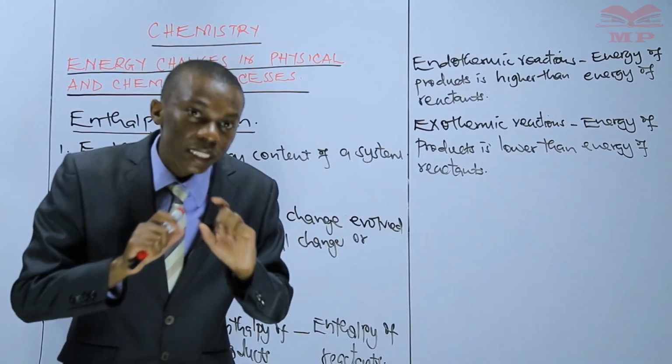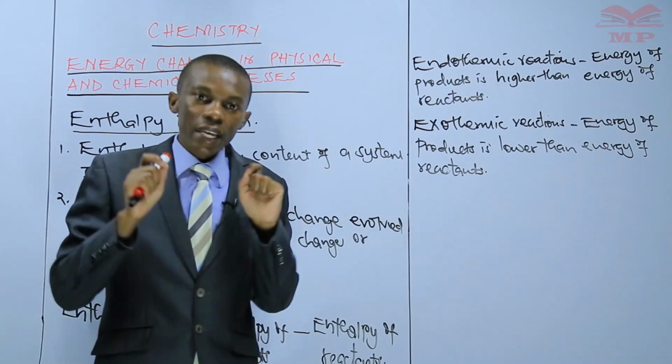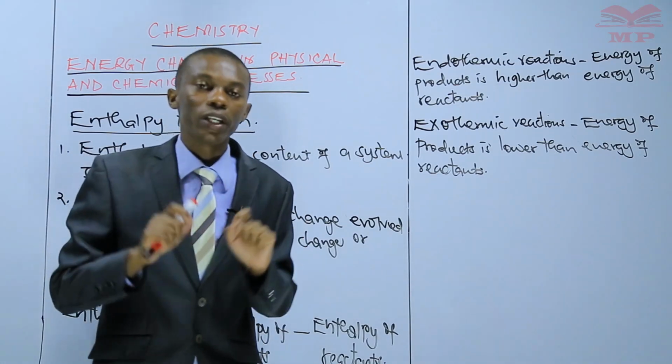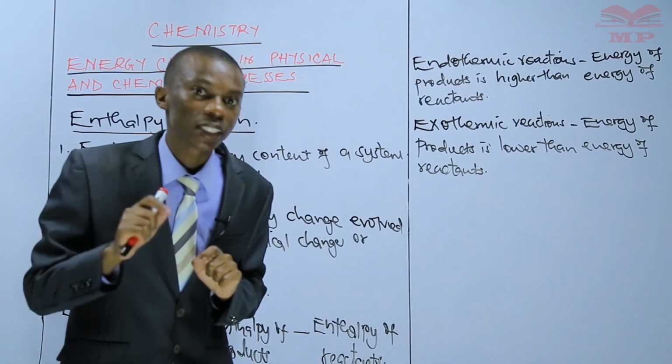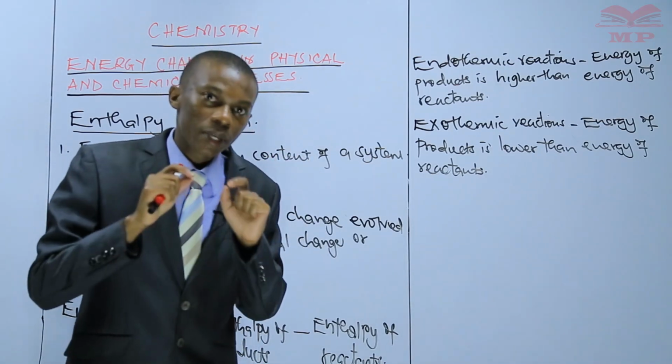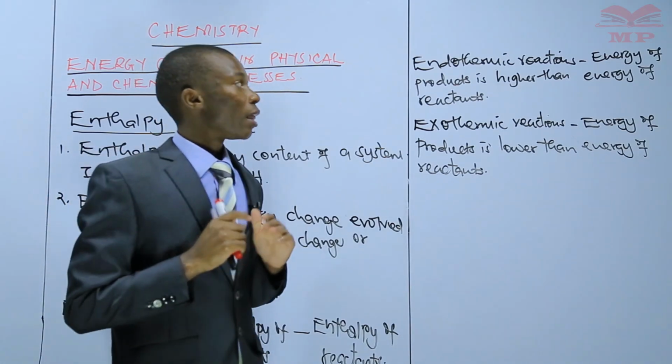So when heat is lost to the surrounding, it means that the energy of the products will be lower than energy of the reactants because some heat has been lost to the surrounding.